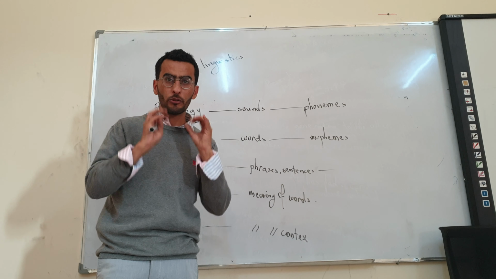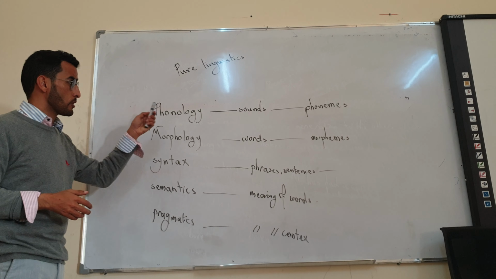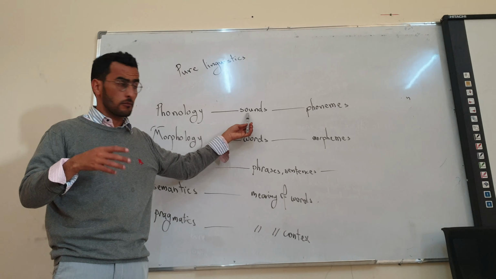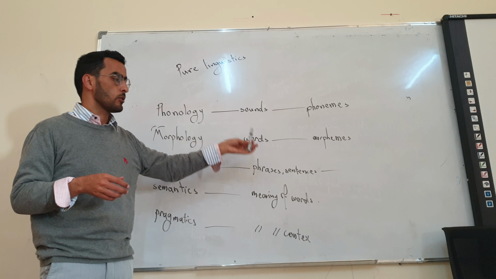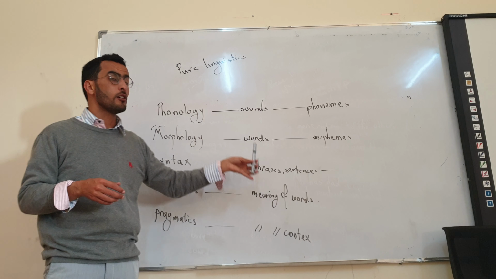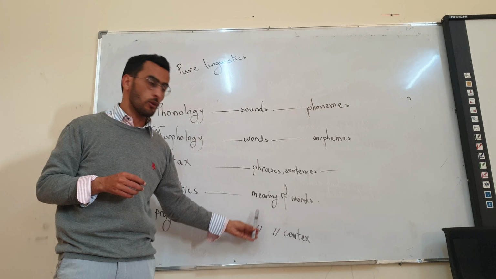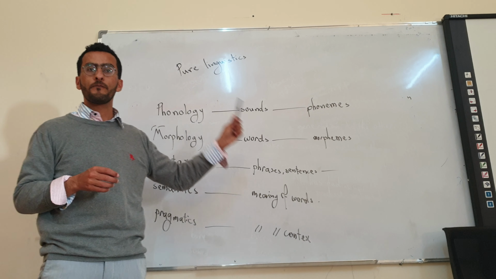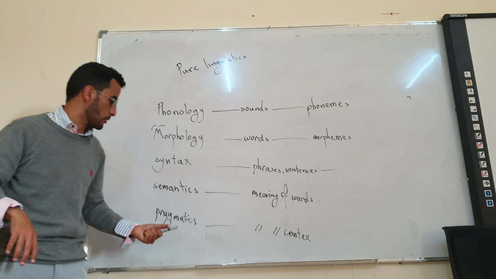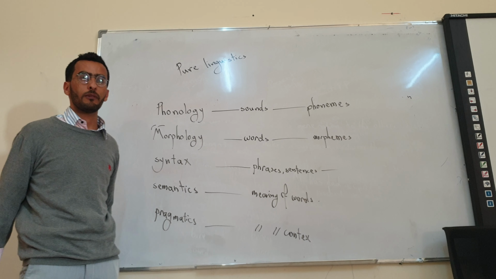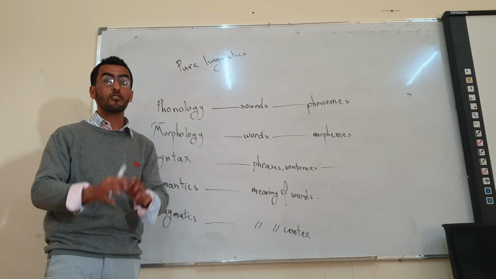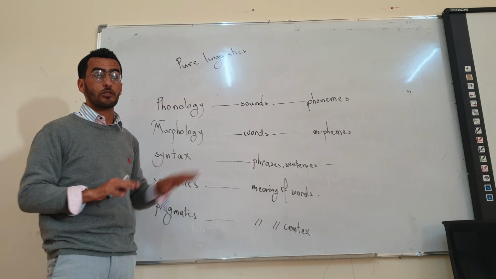Okay? This is the pure linguistics. We study sounds in phonology, words in morphology, phrases and sentences in syntax. Meaning of a word in semantics. Meaning of the whole context in pragmatics. All the choices that we make in pragmatics. This is what we call pure linguistics.